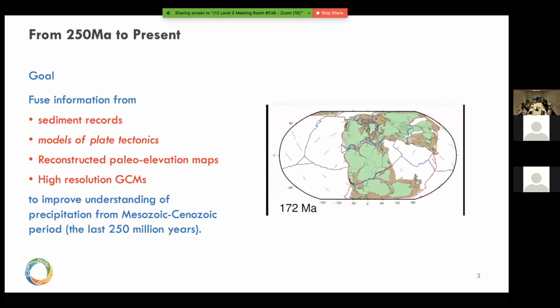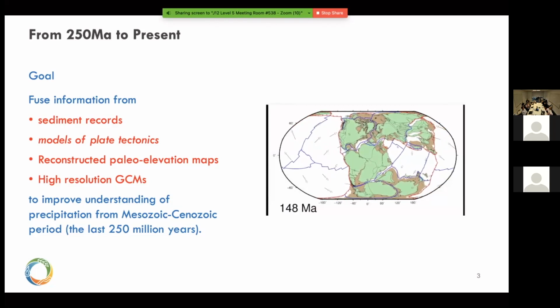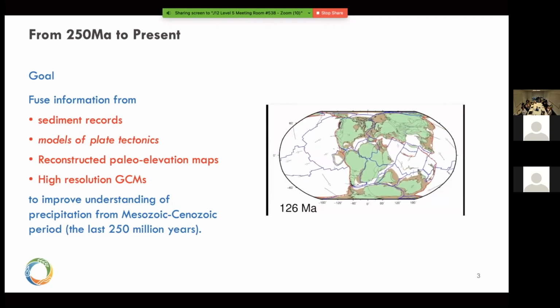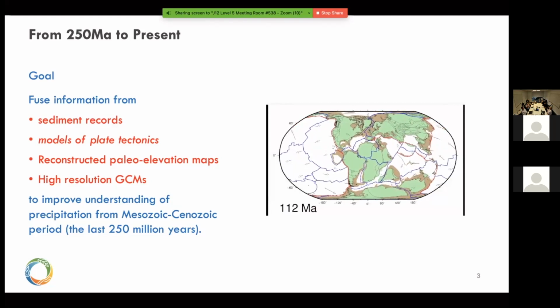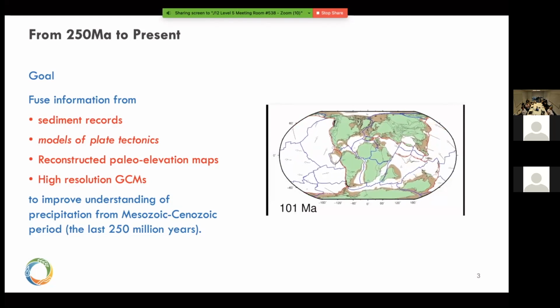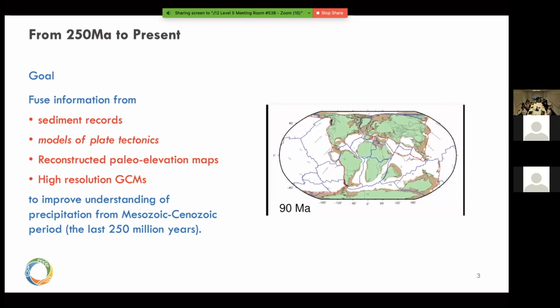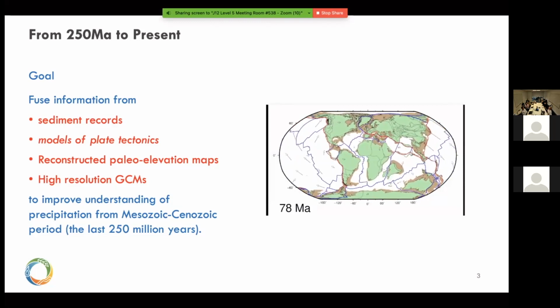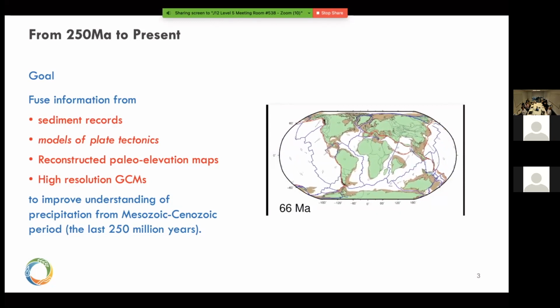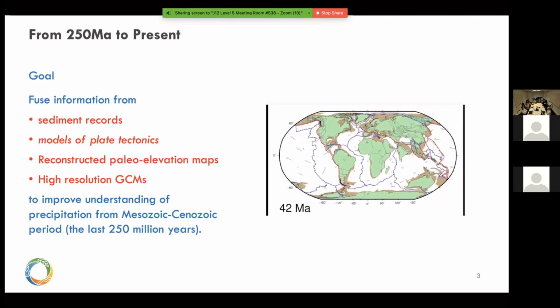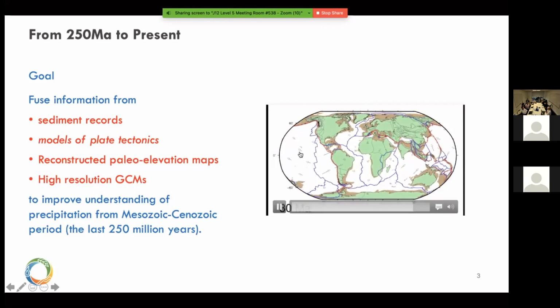We didn't even know there were these plates floating around and shifting. So it was a huge boon in our understanding of what our Earth looked like in the past. They say it's just a theory, but it's based on various sorts of evidence.